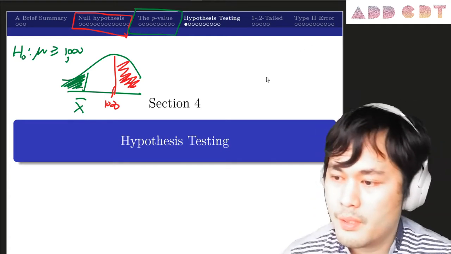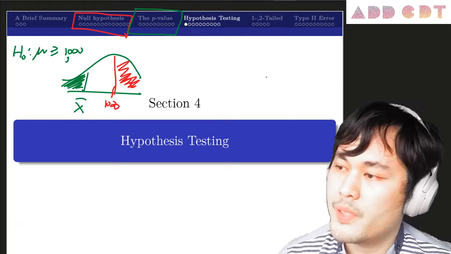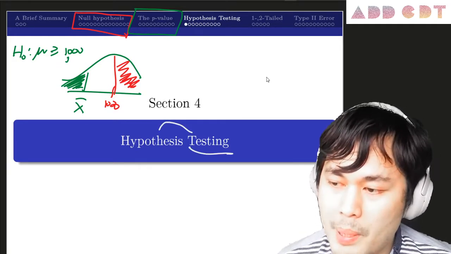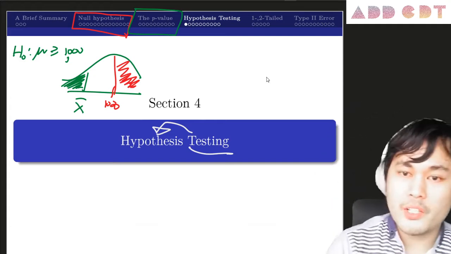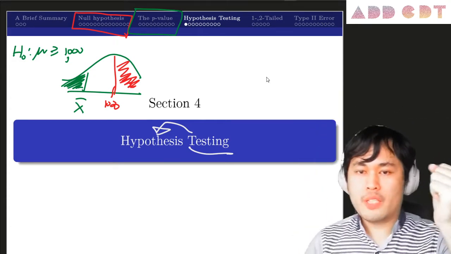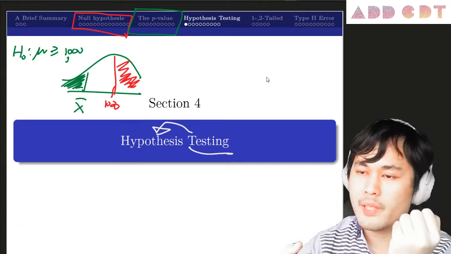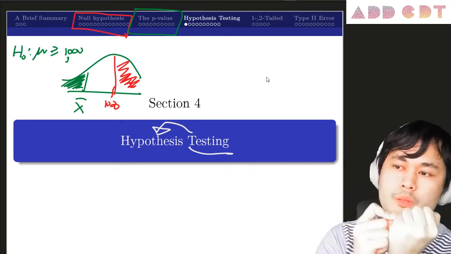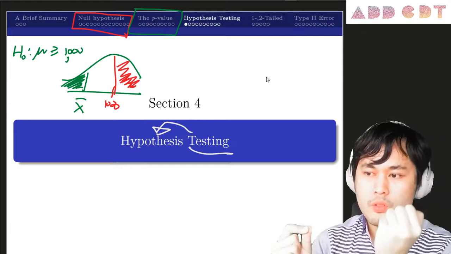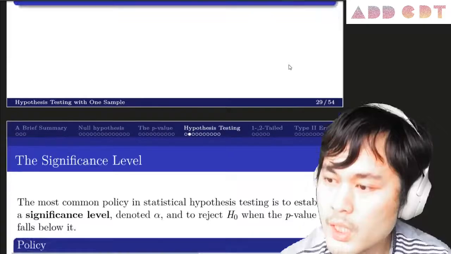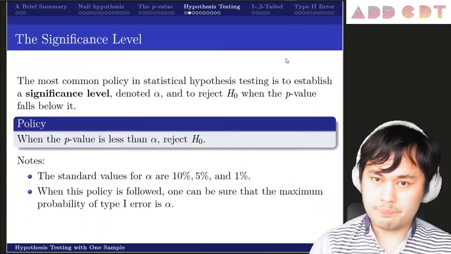It simply means what it says: you have a hypothesis and you have to test it. How do you test it? You collect a sample, compute a p-value, and use that p-value to test your null hypothesis. So let's look at how we should do that.